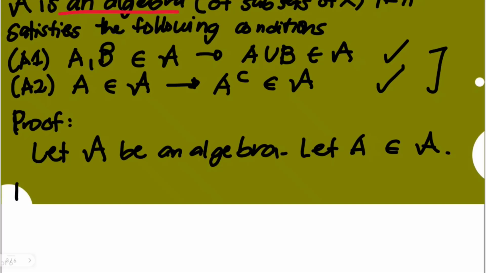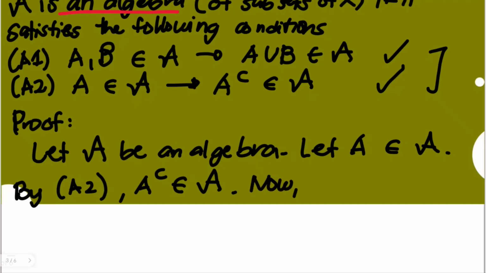Let us use one of the conditions above, script A already being identified as an algebra. By A2, since A is an element of script A, its complement is also an element of script A. Now, let's combine A and its complement.